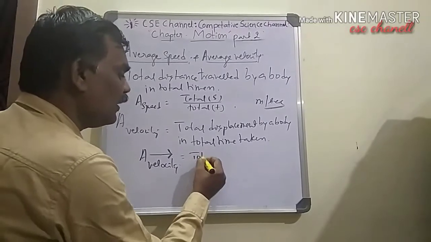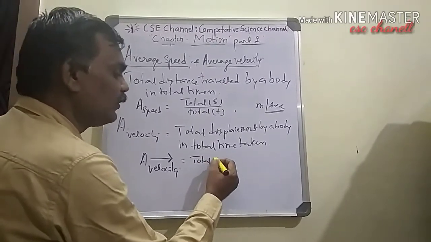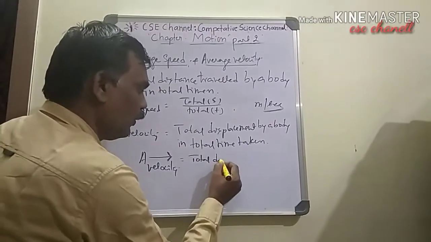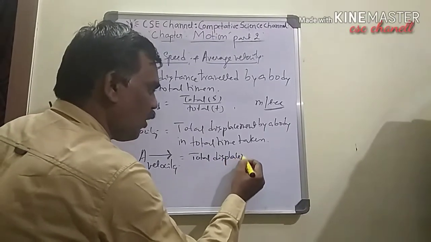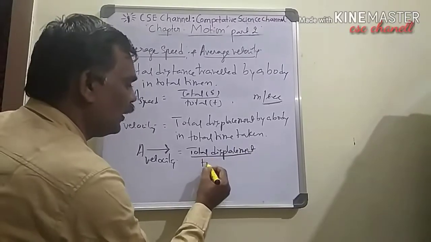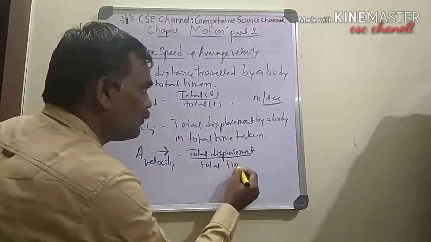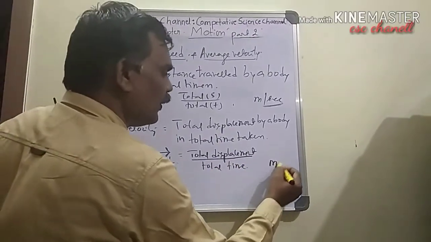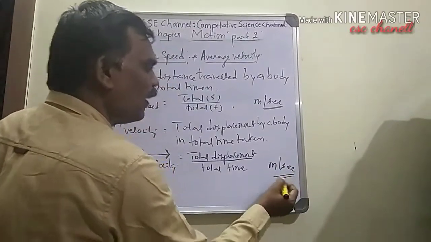Total displacement means change of position, the difference between initial position and final position, divided by total time taken. So here also the SI unit is meter per second.